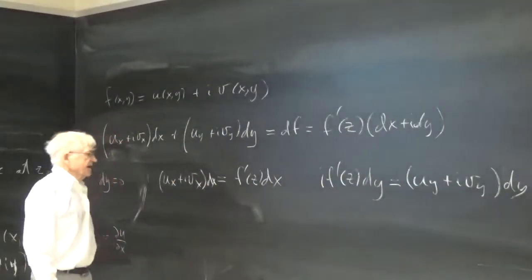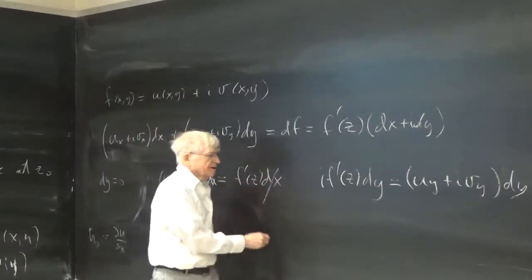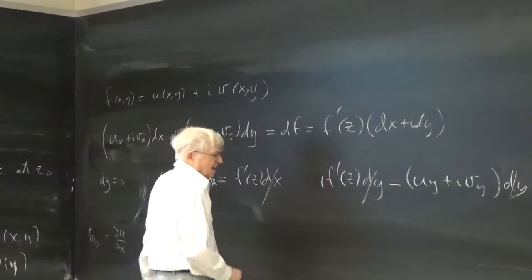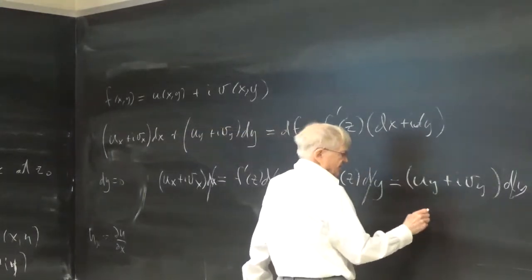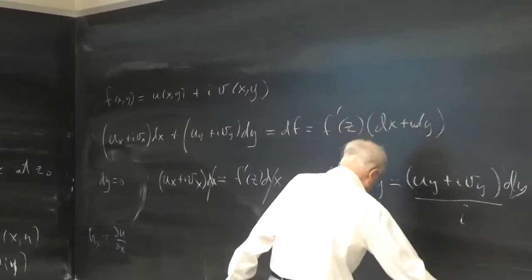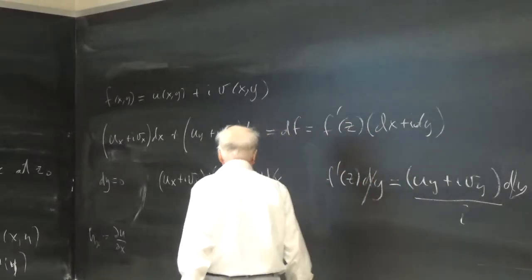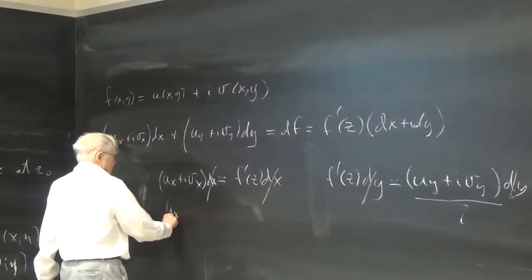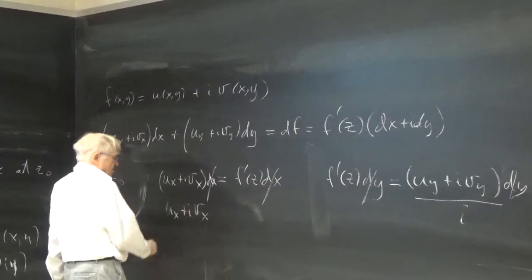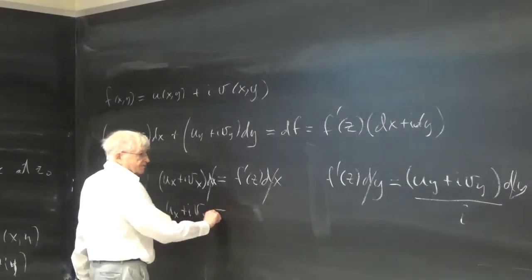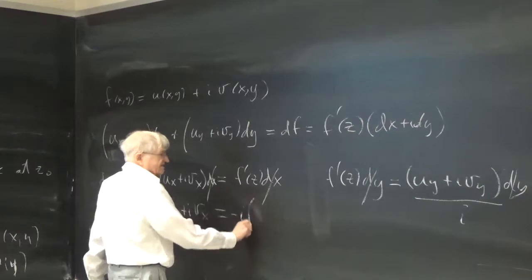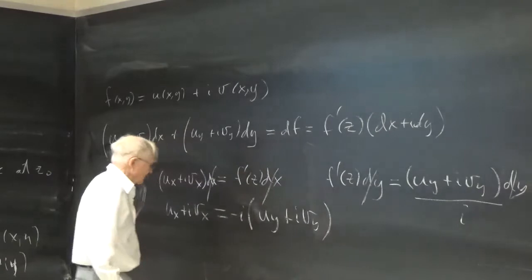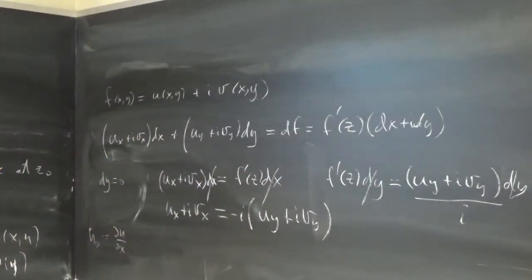And so this, if we now cancel dx here and dy there, and then divide by i, so that we have an i there and not there, then we have 2 expressions for f prime of z, and they say u sub x plus i v sub x is equal to minus i u sub y plus i v sub y. These are the Cauchy-Riemann conditions.